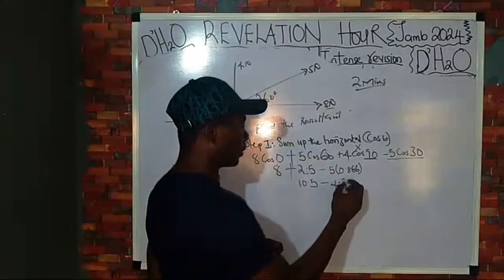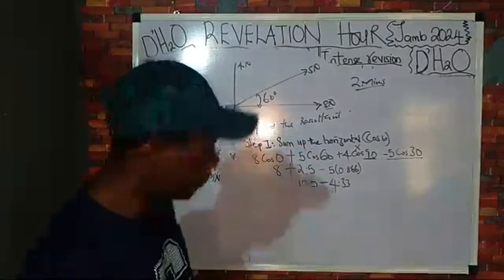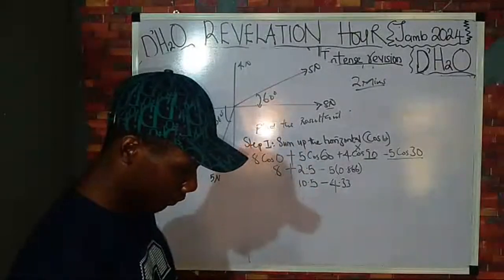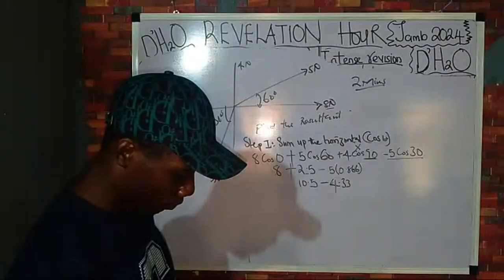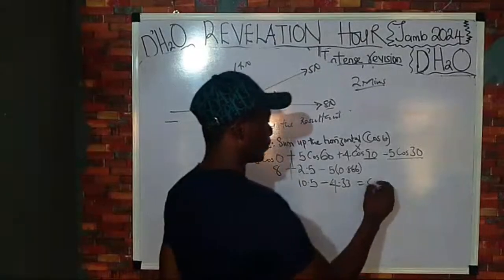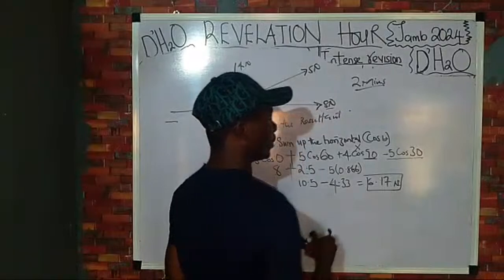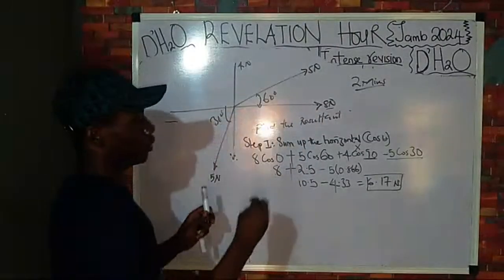So 10.5 minus 4.33 is 6.17 Newton. This is called your horizontal component.